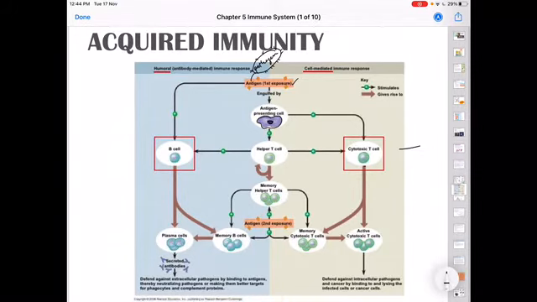Once dia dah lyse, dia dah kill that pathogen, they will form a protein that acts as a marker to the cell. So this marker is actually a signal or information. Dia bagi signal pada badan kita yang mana bagi tahu bahawa dia telah makan pathogen. So dalam badan kita sekarang ada pathogen, ada invader.